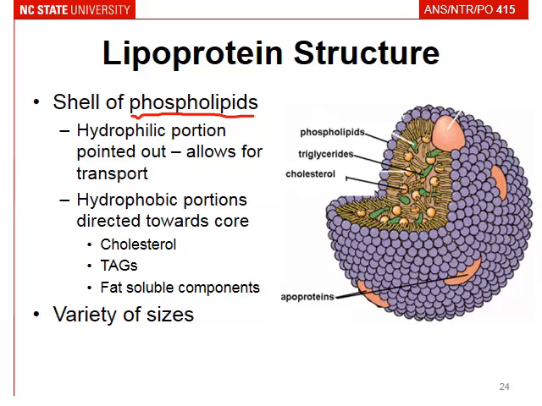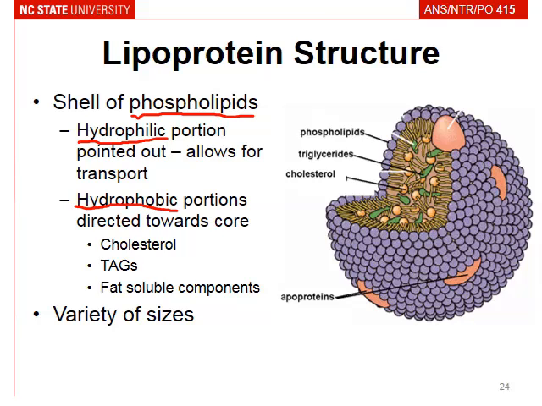So these lipoproteins are located within this phospholipid layer, and that's because we have a hydrophilic region which points out, and then we have our hydrophobic region that points in. So the outside of these proteins is going to be hydrophilic, the inside is going to be hydrophobic.